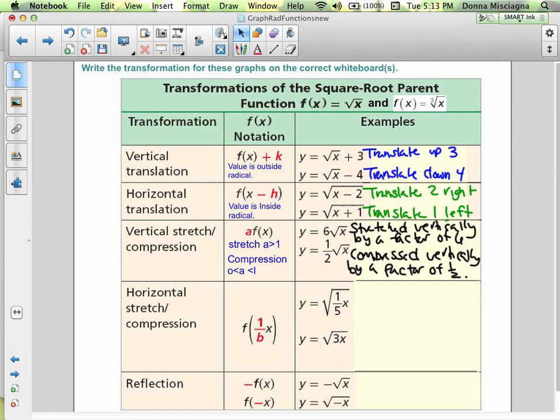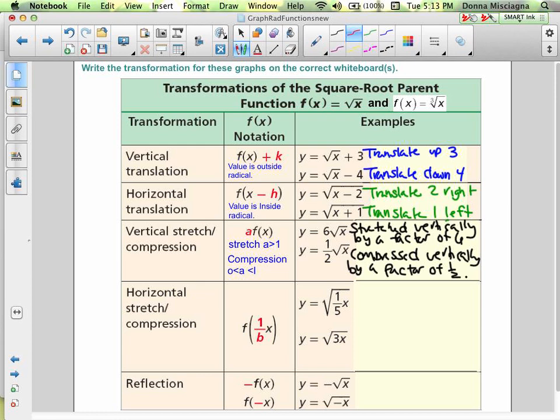The next ones are the horizontal. If it is between 0 and 1, it's going to be a stretch, the opposite. Because now I have to add a number 5 times as large. If I wanted to get to just a little 1, x has to be 5. So it takes me all the way to 5 to get the square root of 1, which is 1.